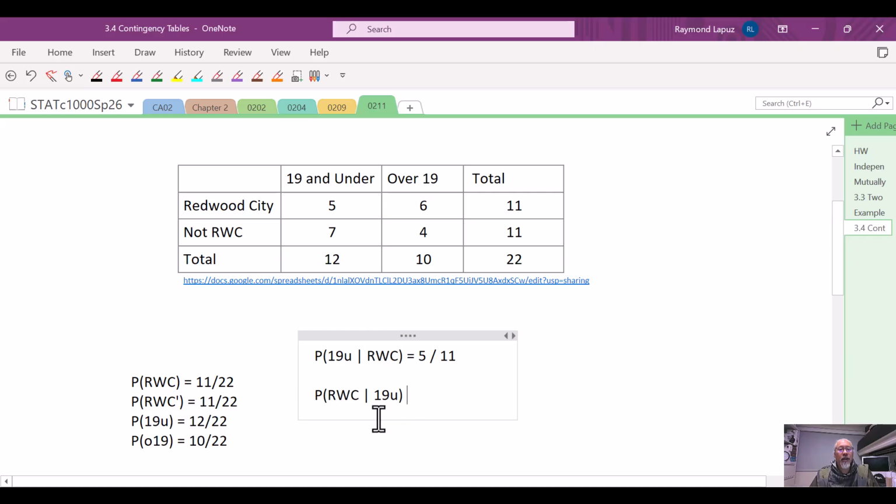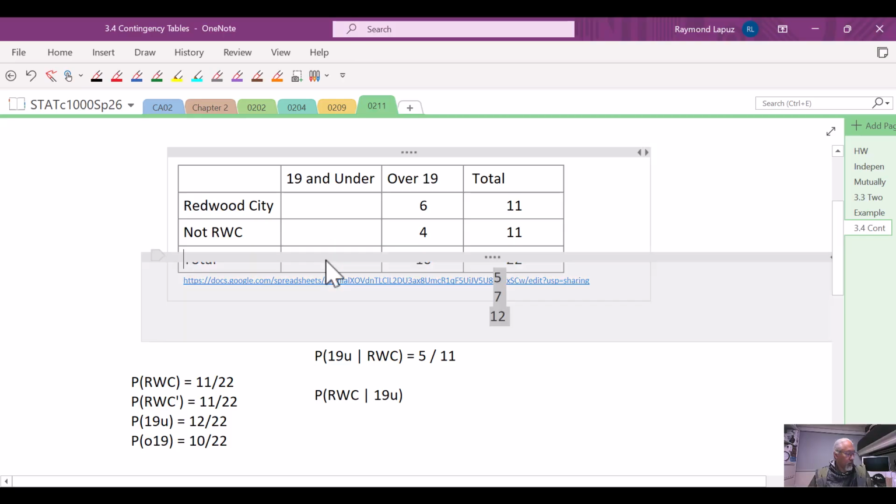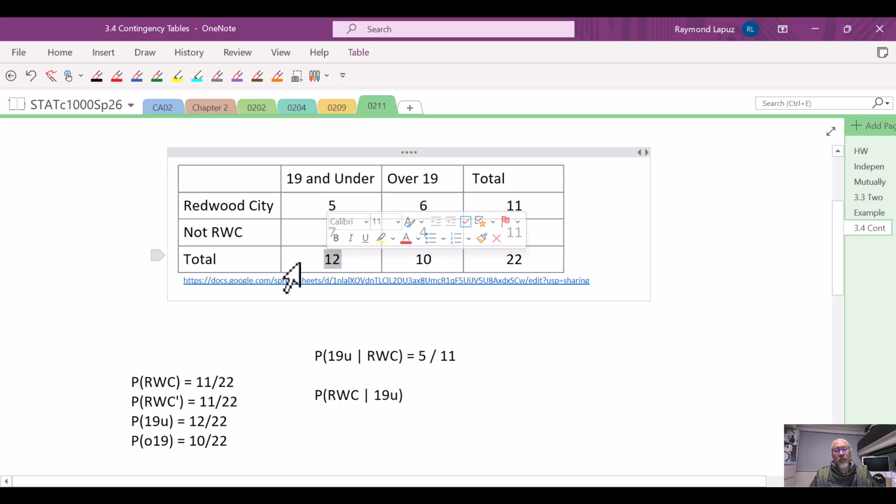If we turn this around and ask, what's the probability that somebody lives in Redwood City given that they're 19 and under? This time, given that they're 19 and under, there's 12 of them. What's the probability that out of those 12 people, we select somebody who lives in Redwood City?